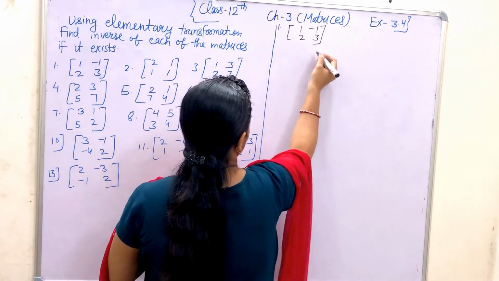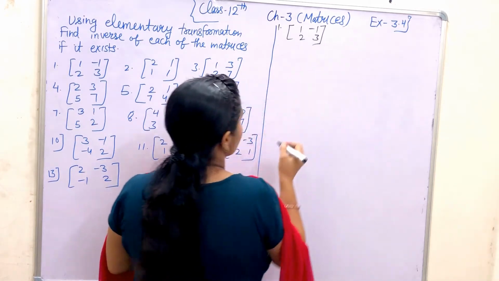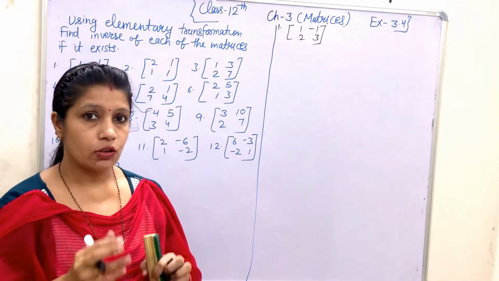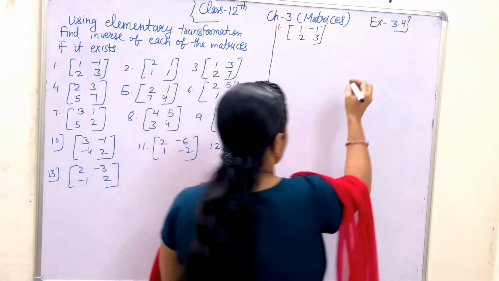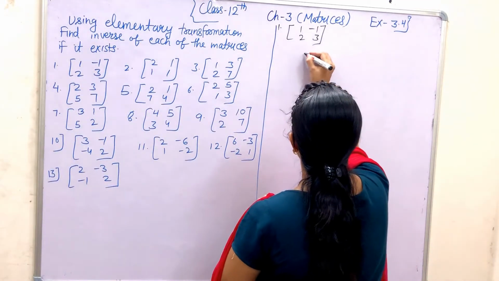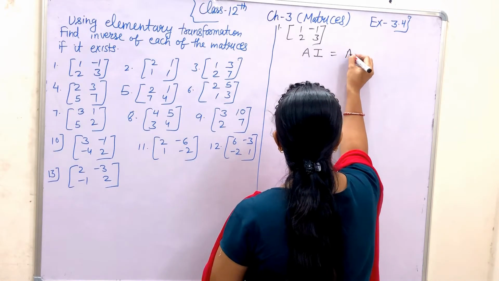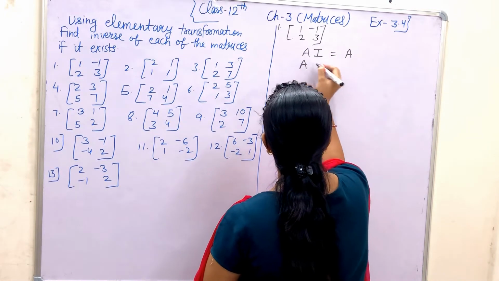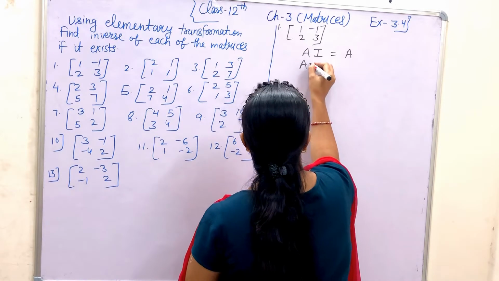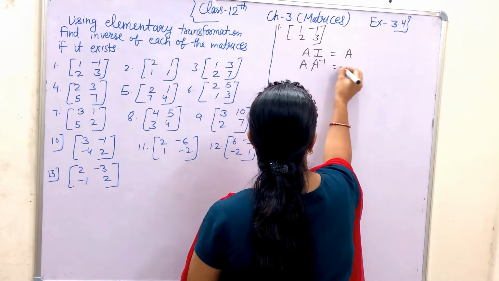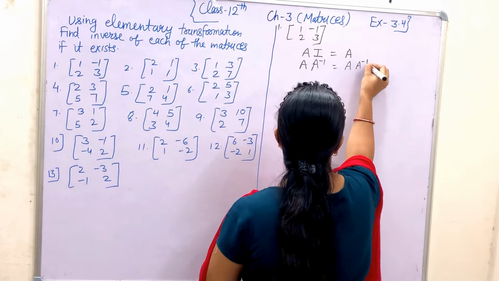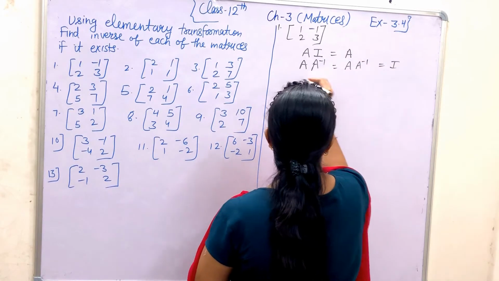First I tell you that we use here AB equal to identity. Here I am using A identity equal to A. Then I will make here A inverse, A into A inverse, that is identity.